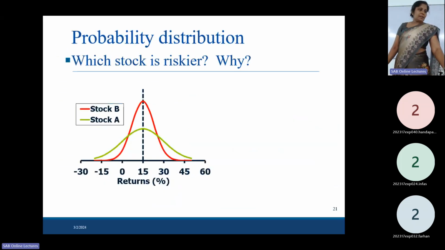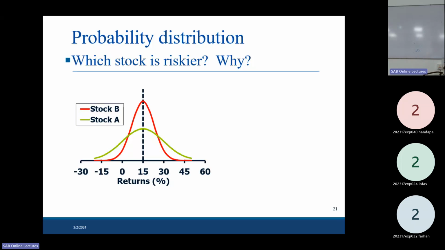Now, right now you can see a distribution of 2 stocks' return. Green color is stock A, say company A. Red one is company B. Expected return or the average return for these 2 companies is both 15%.